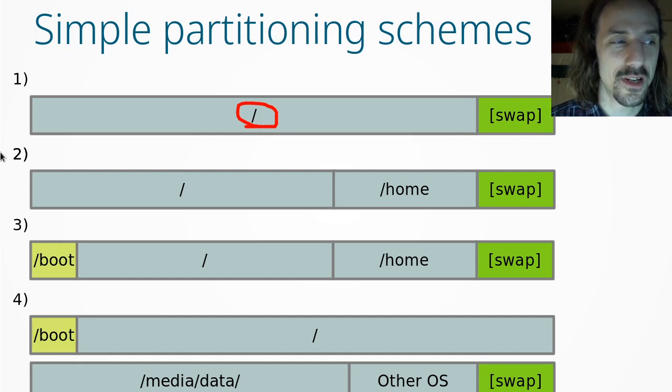The second partitioning scheme will have a separate partition for the home directory. This is good if you want to be able to remove all your system components but always keep the user files separate. So if your system is borked, you can just format the root partition, and all your personal settings and personal files will be intact.